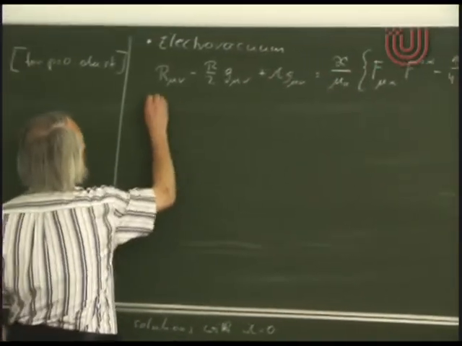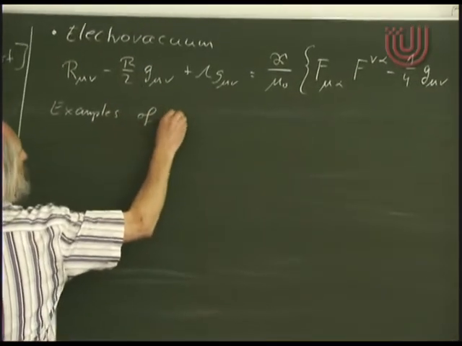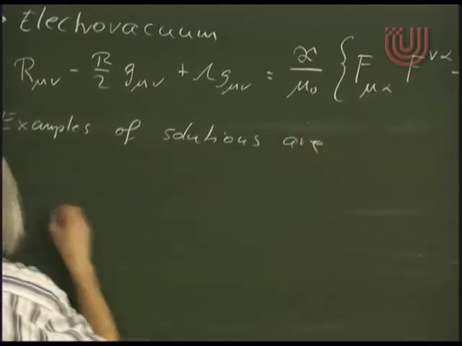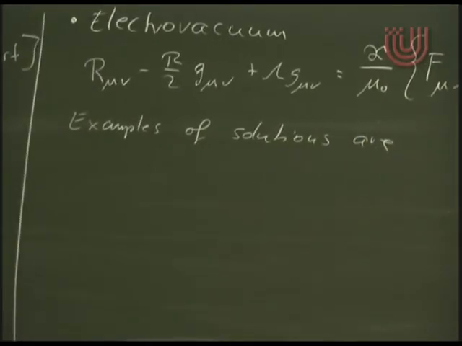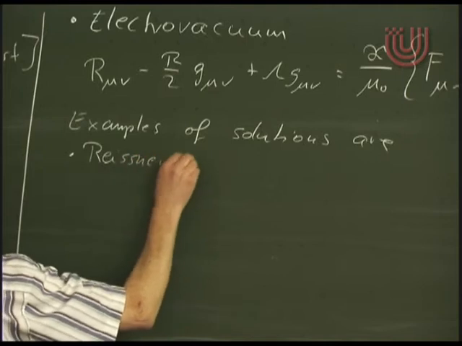So examples of solutions are the following. Fairly one which is treated in more or less any book on general relativity, although it is not a particularly realistic solution, is the so-called Reissner-Nordström solution, or Reissner-Nordström metric.